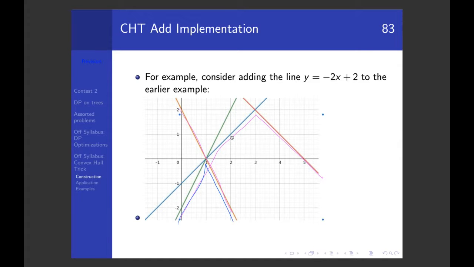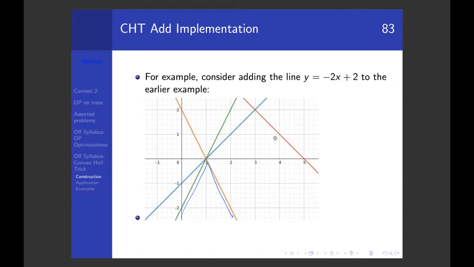And notice that we can completely remove both this red line and this blue line from our convex hull. After inserting this orange line, the only two important lines are now the green line up to a certain point and the orange line up to a certain point.